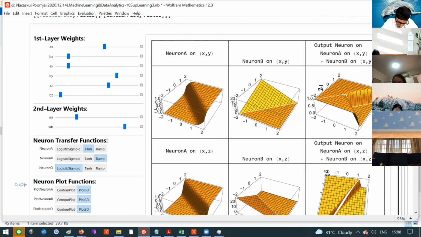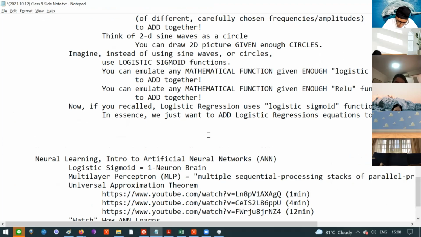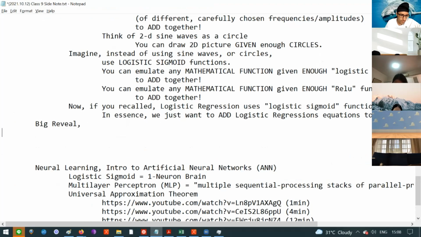Now this is the review, I guess, if you want to say it this way. The big review is, here's a big review. Your neuron is a logistic sigmoid function.